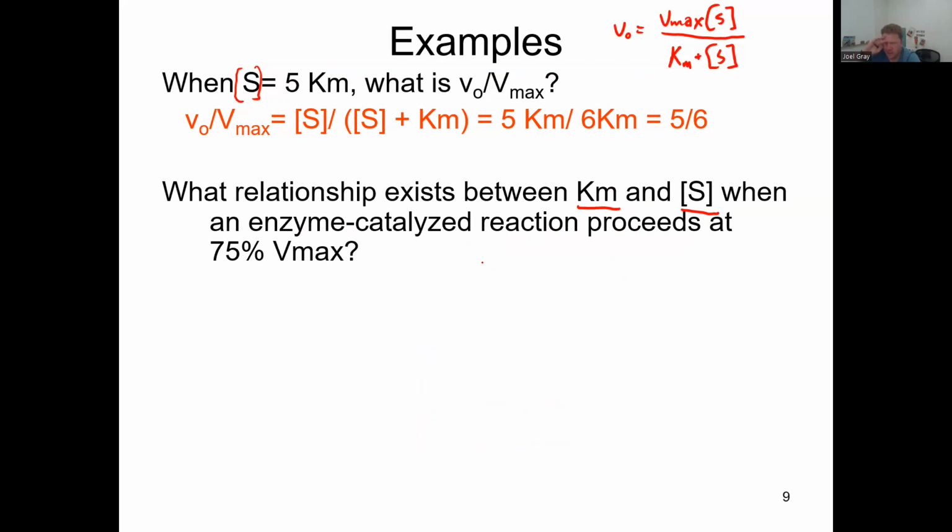So you've got to take some things out of this question. An enzyme catalyzed reaction proceeds at 75% of Vmax. Essentially what that's saying is you are at 0.75 times Vmax, which is your velocity.